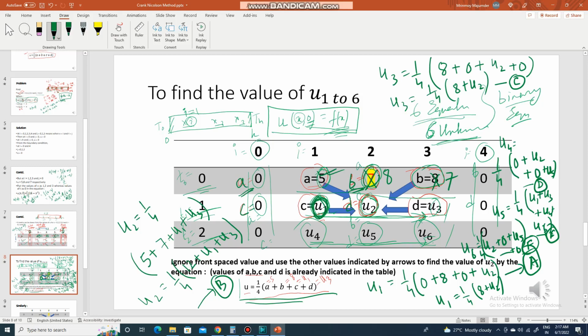So put U6 into equation E, in this place U6.